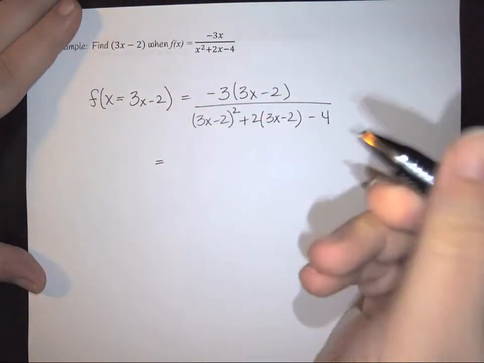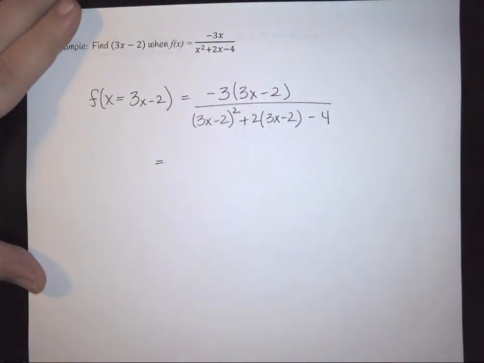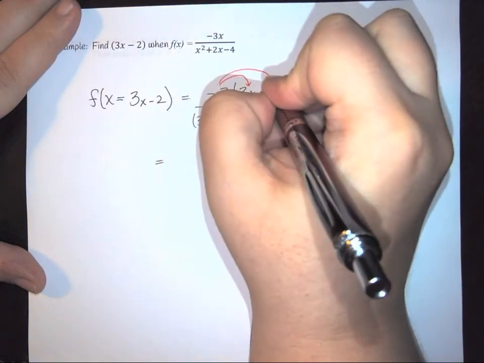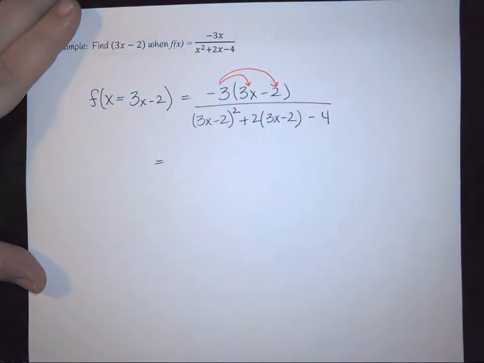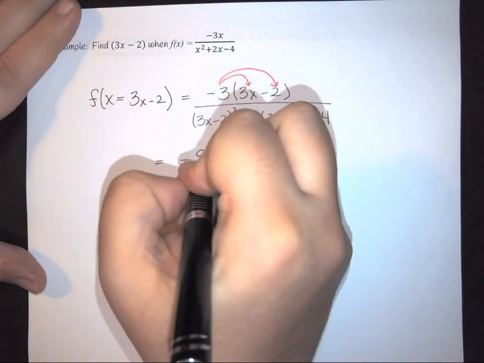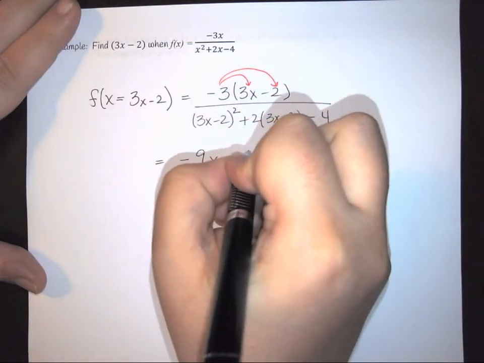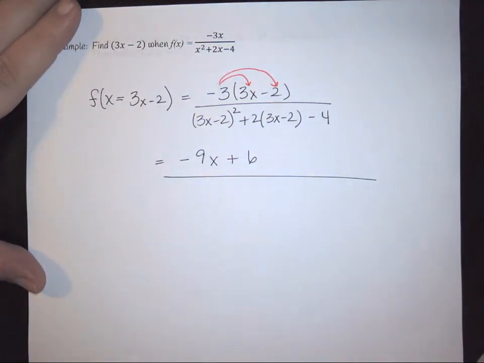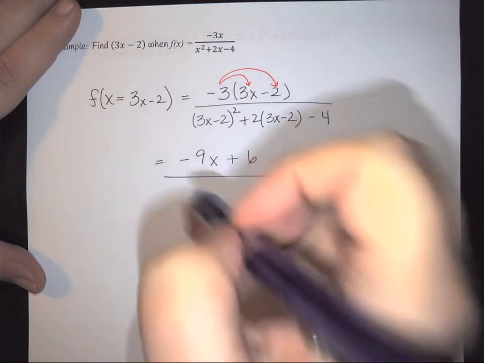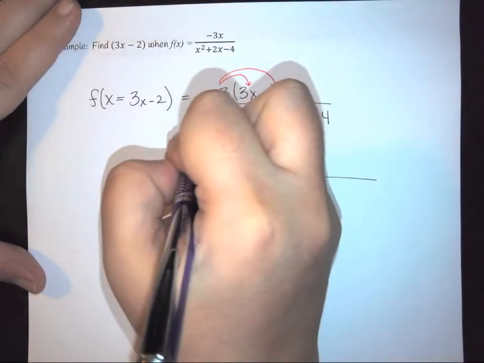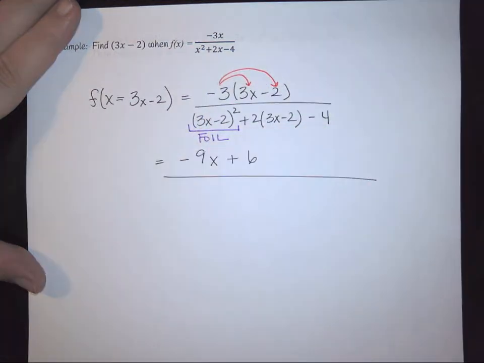So if we just look at the top, in order to simplify, the -3 has to come in to my parentheses in both places. So this is going to be -9x plus 6 on top. And then we have to look at the bottom. If we look at this piece right here, we have to use FOIL.